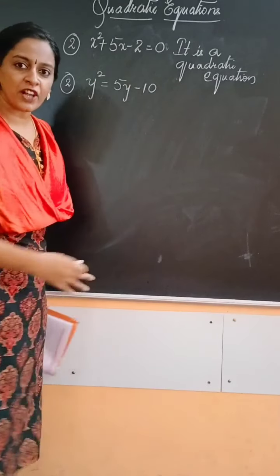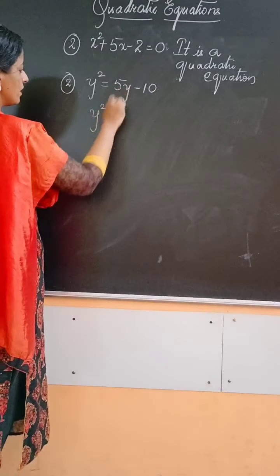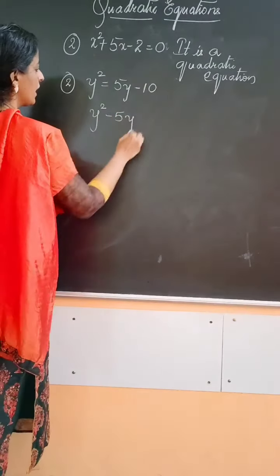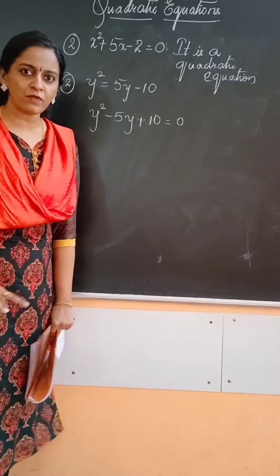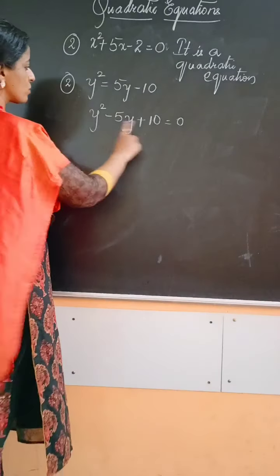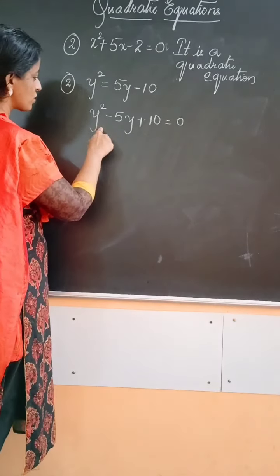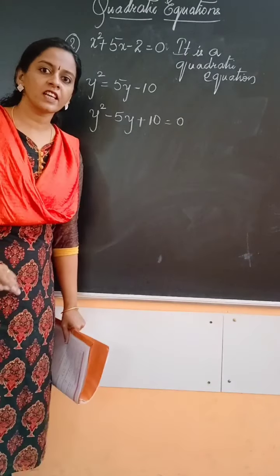Now the second example. Let us bring it in general form. Let us bring 5y to this side. Y square minus 5y plus 10 equal to 0. Is it satisfying the general form ax square plus bx plus c equal to 0? The highest degree is 2.